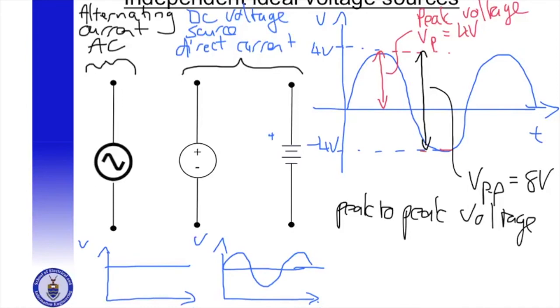Regarding polarity, it's similar to what we saw with the ideal independent current source. So if you have a voltage that's drawn like this, and that is minus 6 volts, then that is equivalent to drawing it like this.